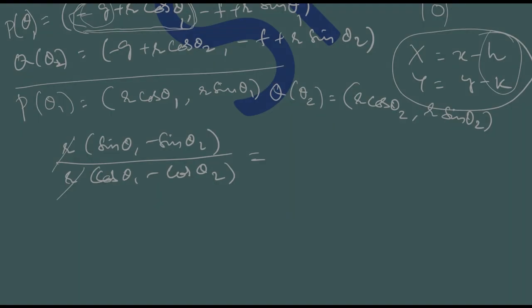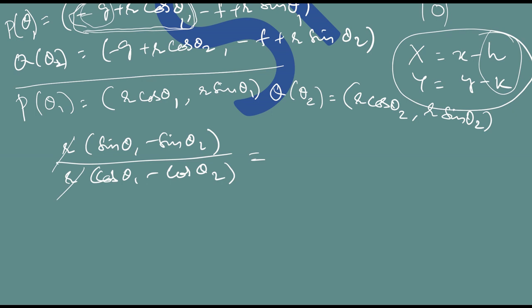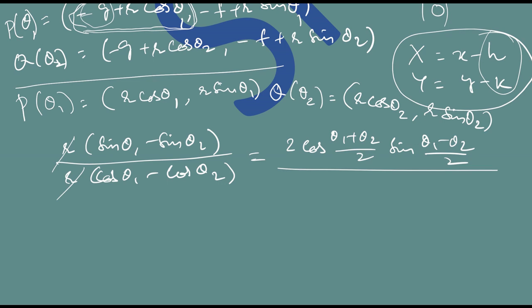Cancelling r's, and in the numerator and denominator applying the transformation formulas, the numerator is 2 cos of (theta 1 plus theta 2)/2 sin of (theta 1 minus theta 2)/2, and the denominator is minus 2 sin of (theta 1 plus theta 2)/2 sin of (theta 1 minus theta 2)/2. Now cancelling these, the slope is minus cos of (theta 1 plus theta 2)/2 by sin of (theta 1 plus theta 2)/2.